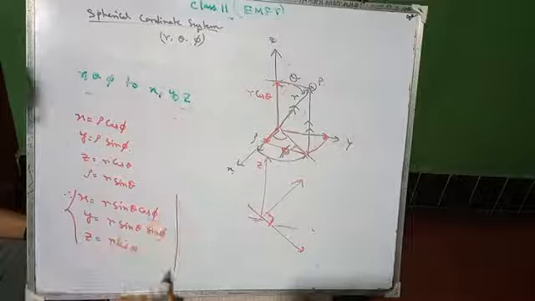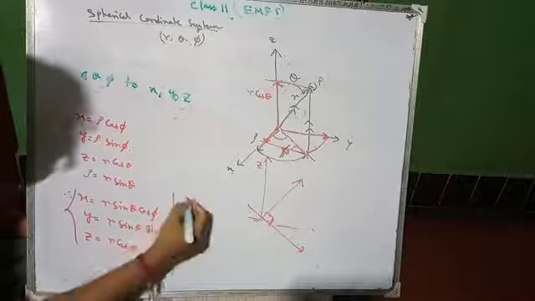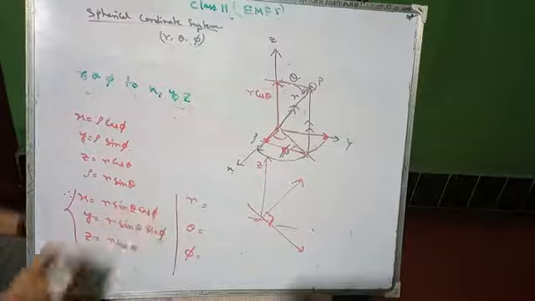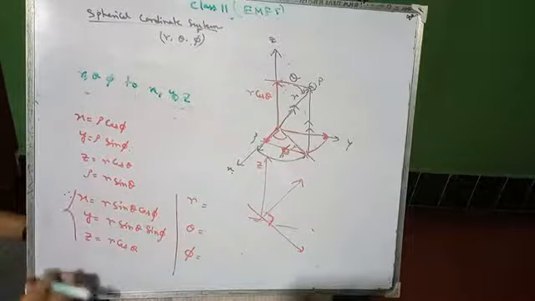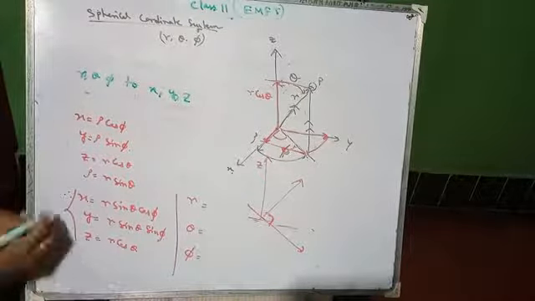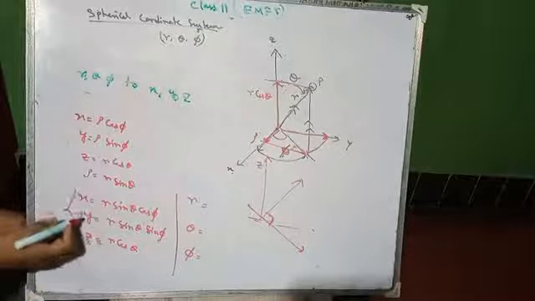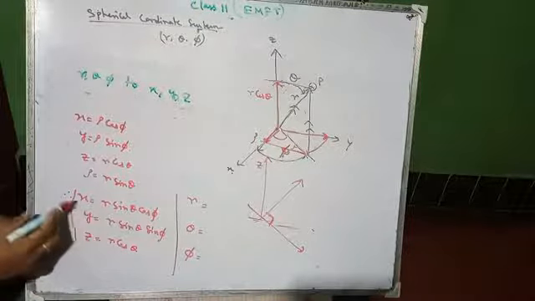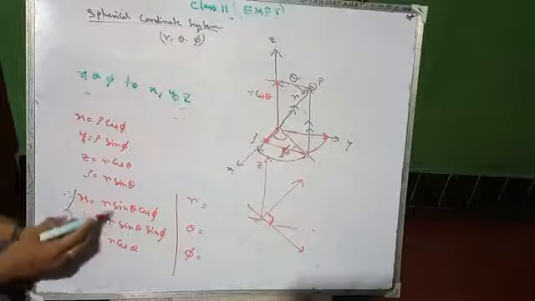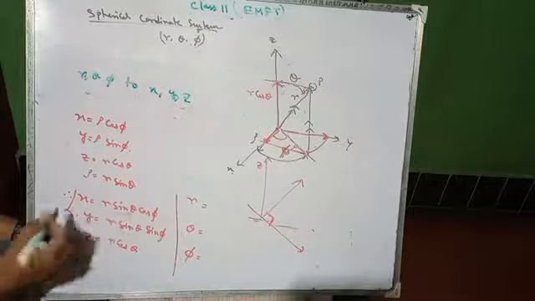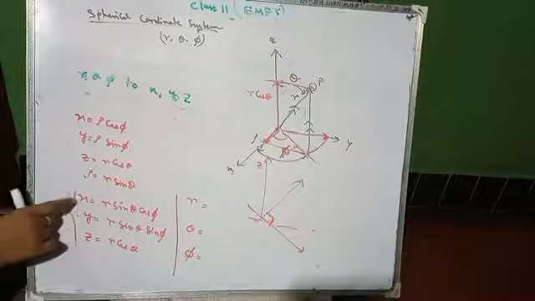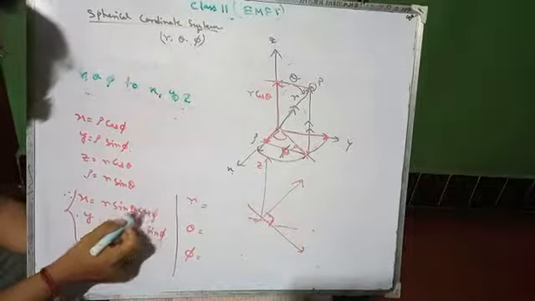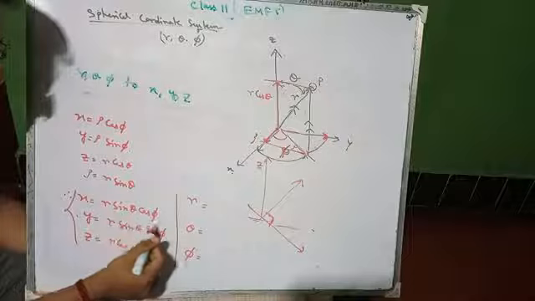Now we have to find what r is, what theta is, what phi is with respect to x, y, z. First, find r. If we square and add these two, x square plus y square equals r square sin square theta cos square phi plus r square sin square theta sin square phi.